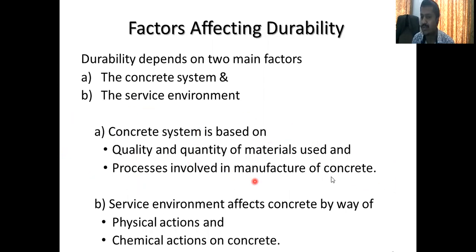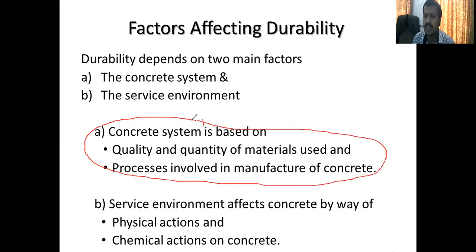As I told you, these two are very important things as far as our concrete is concerned.